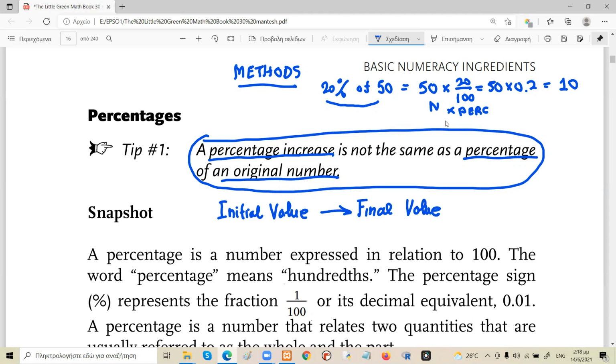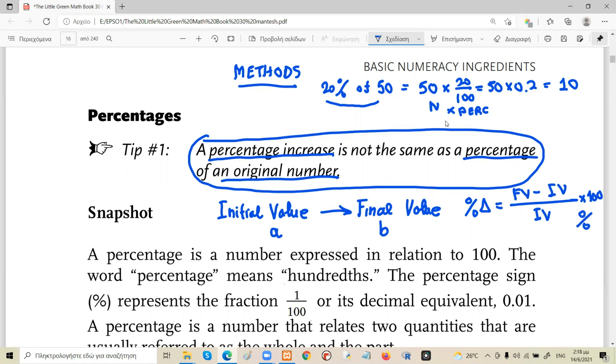So the percentage increase, if we have an increase, it means I have a lower value here and a larger value finally. So the percentage increase is the final value minus the initial value divided by the initial value times 100, and then you put the symbol percent.